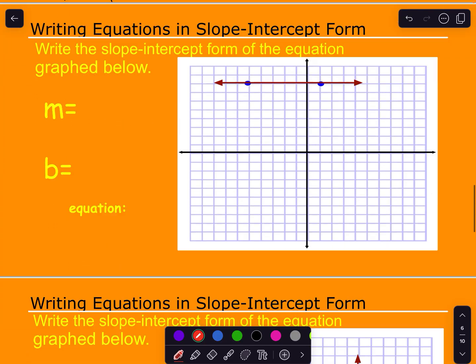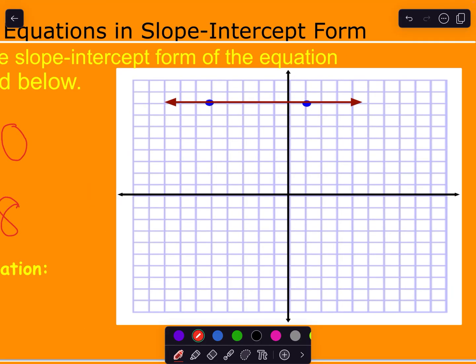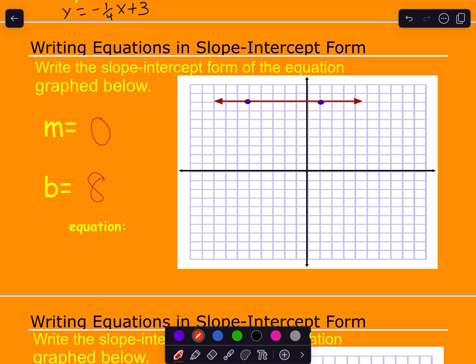These next two are just kind of special situations. Okay, so if I'm looking at the slope here, the slope would be 0. There's no slope. It's just totally flat. The b looks like it's at 8, I think. Let me just double check. 2, 4, 6, 8. Yeah, b is at 8. Slope is 0.